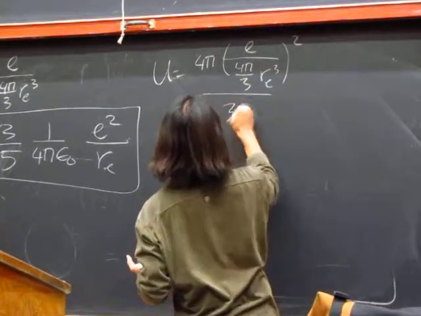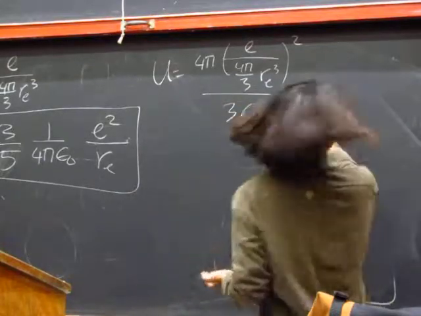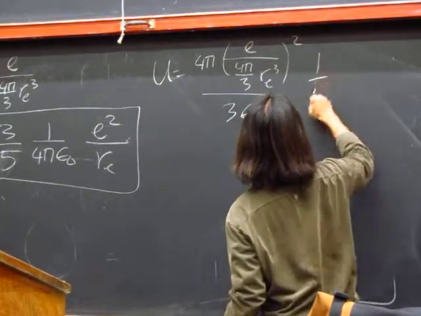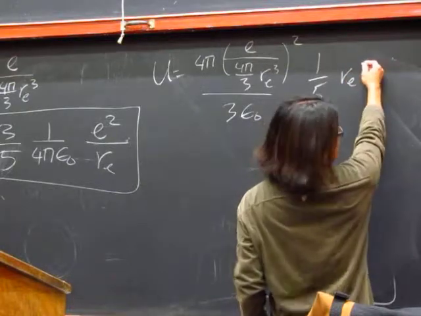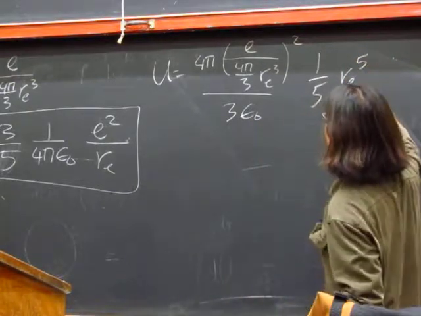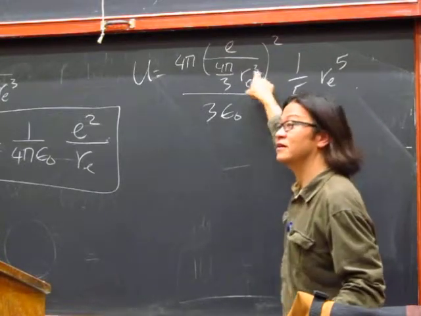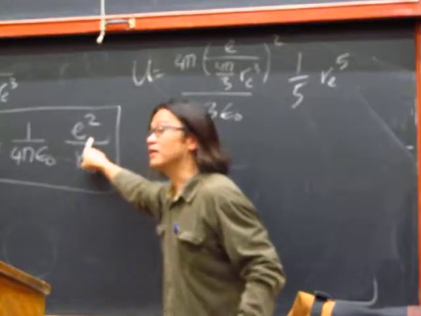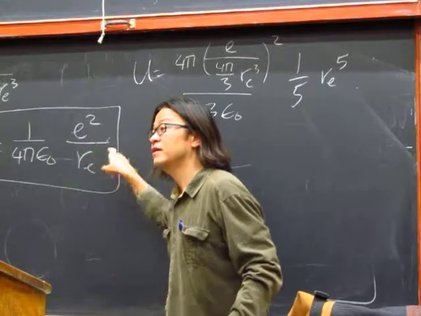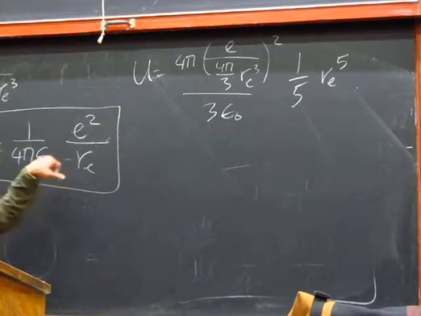Over 3 epsilon naught, right? And then you have 1/5 RE to the power of 5, so you have RE to the power of 5, then you have RE to the power of 6 here. That's why you have 1 over RE in the numerator. Right? Okay. Is this clear so far?